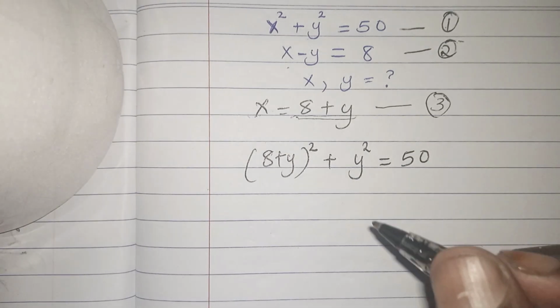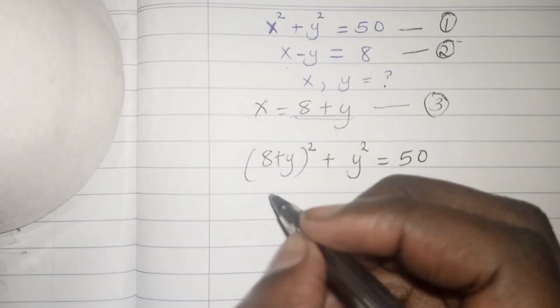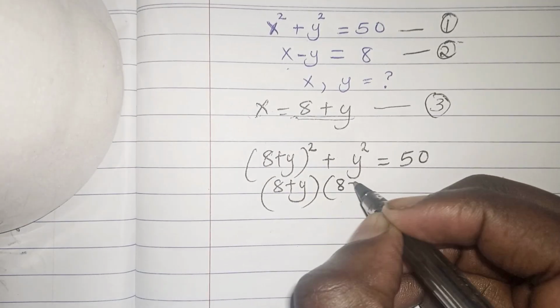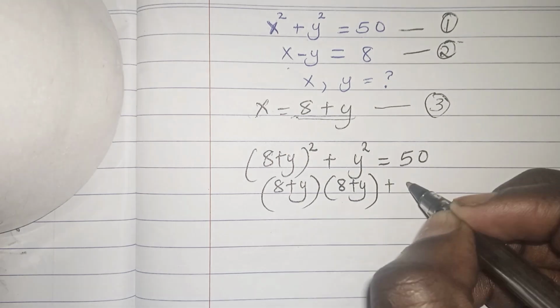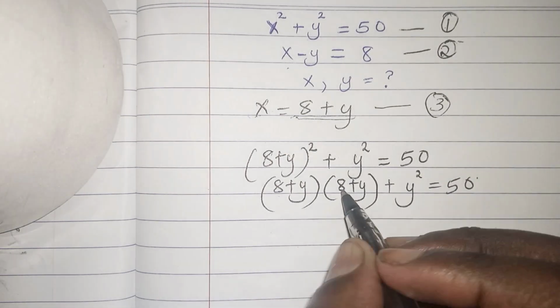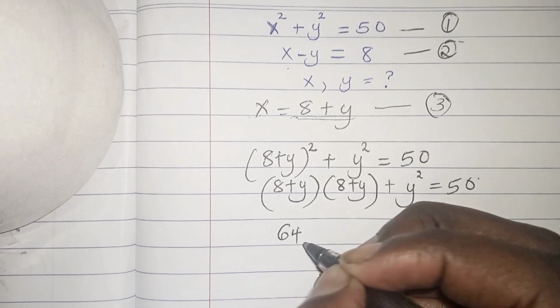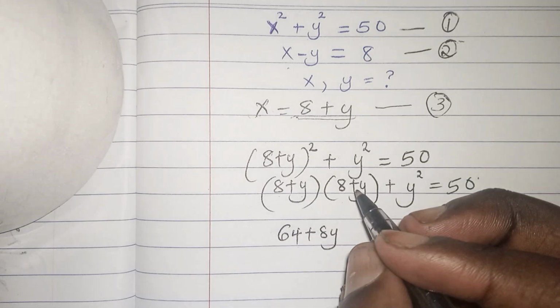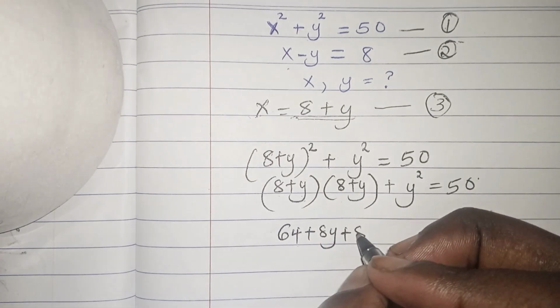So our next step, we are going to expand this. So this is (8 plus y) into (8 plus y), squared is equal to 50. So 8 times 8 gives us 64. 8 times y gives us 8y. y times 8, this is 8y.